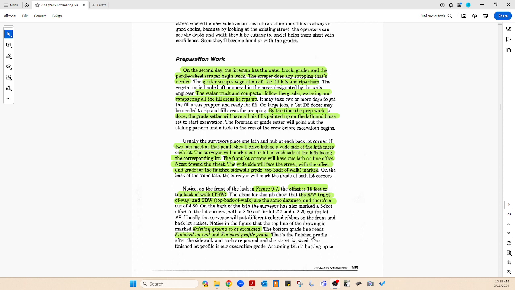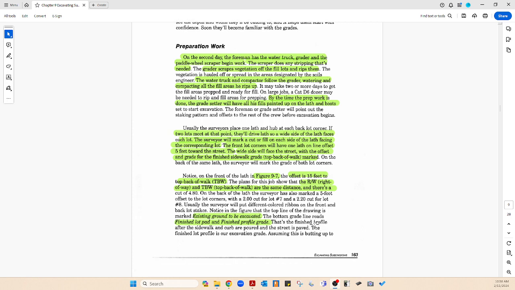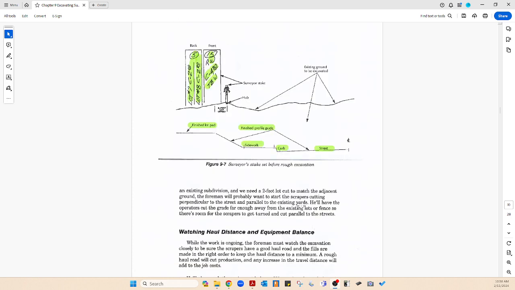So you're done there. That's finished grade. The finished lot profile is our excavation grade, assuming this is butting up to an existing subdivision, and we need a 2 foot cut to match the adjacent ground.